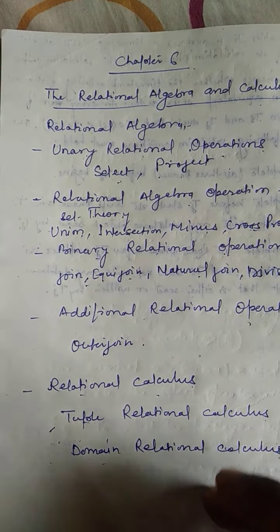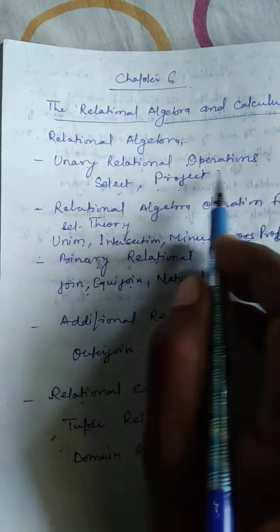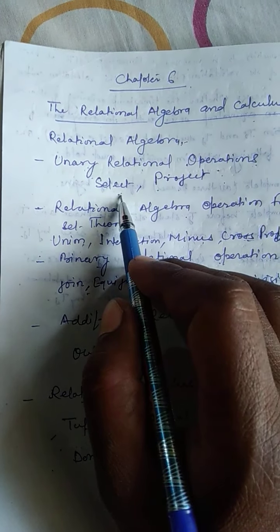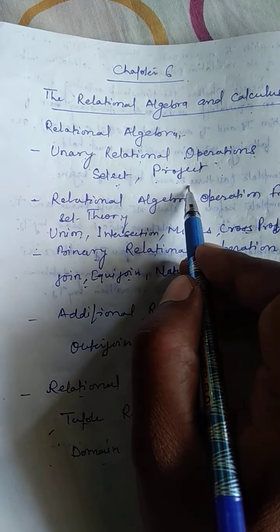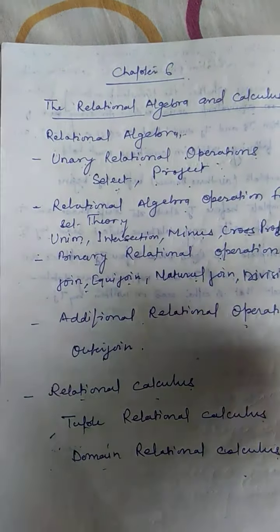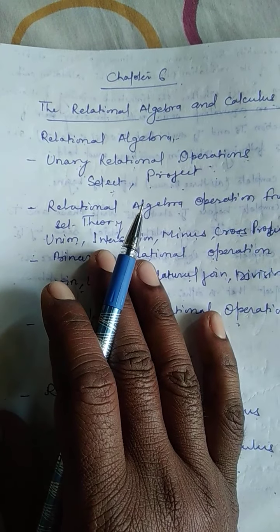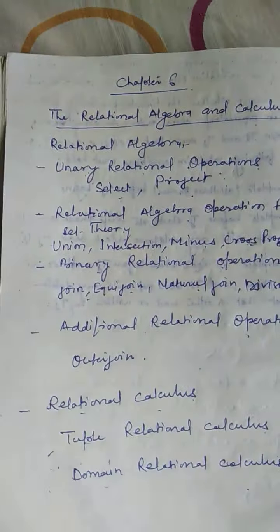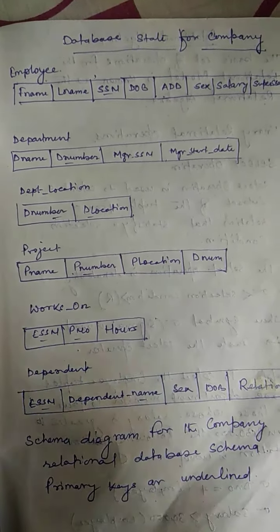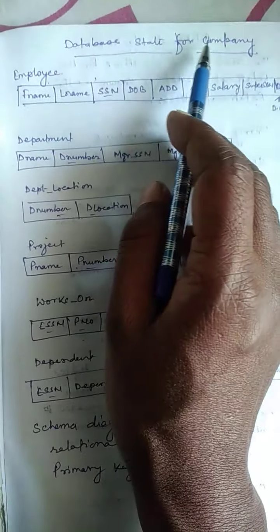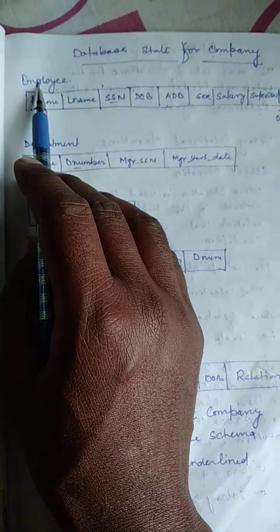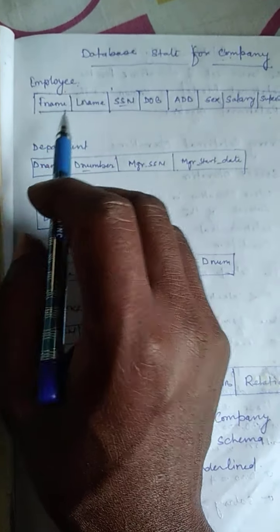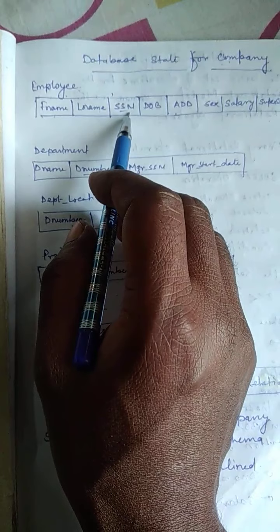Now we discuss unary relational operations, select and project operations. First of all, using a schema diagram, the database for a company. Entity employee, attributes first name, last name, SSN number.